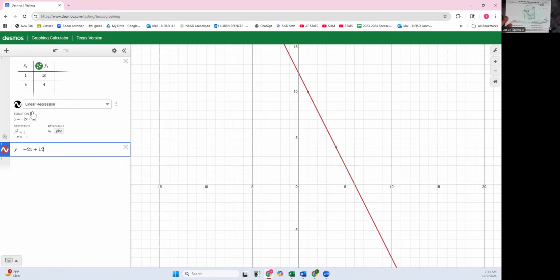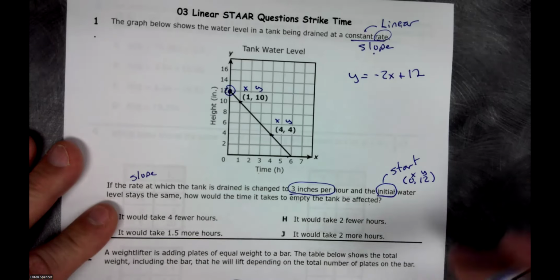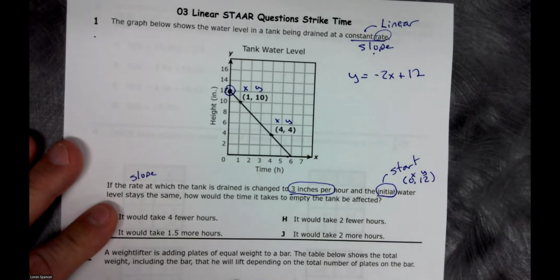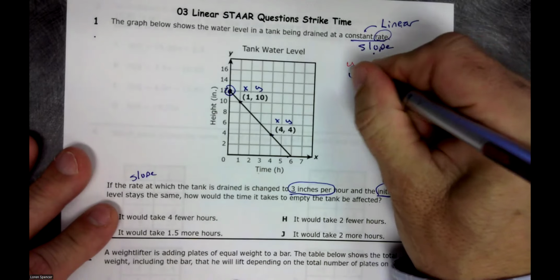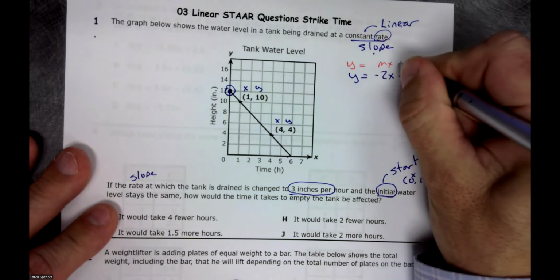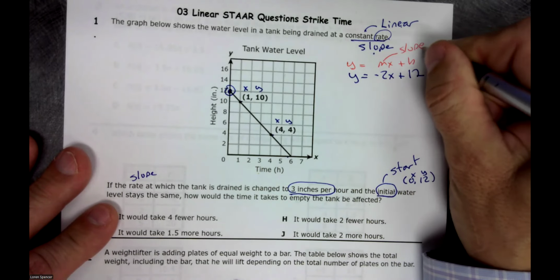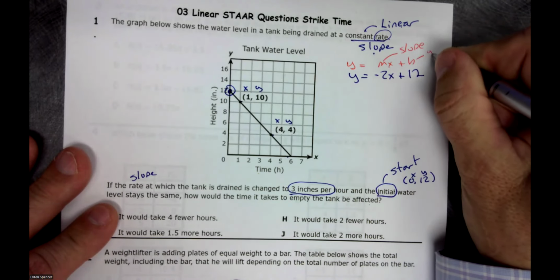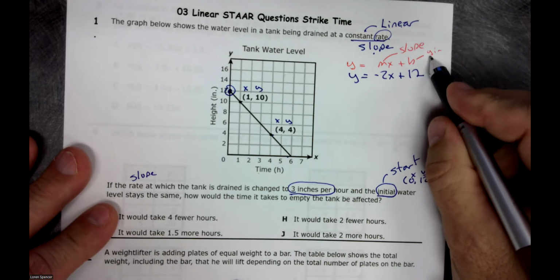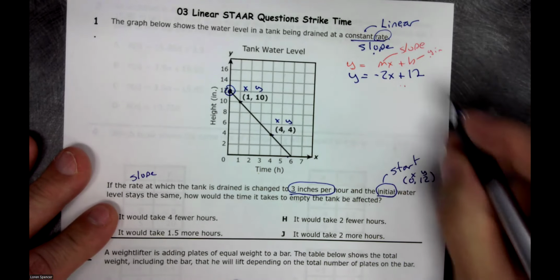Looking back at my paper, remember, this is in y equals mx plus b. So this is my slope, and b is my y-intercept or starting point. So we're not changing the starting point.